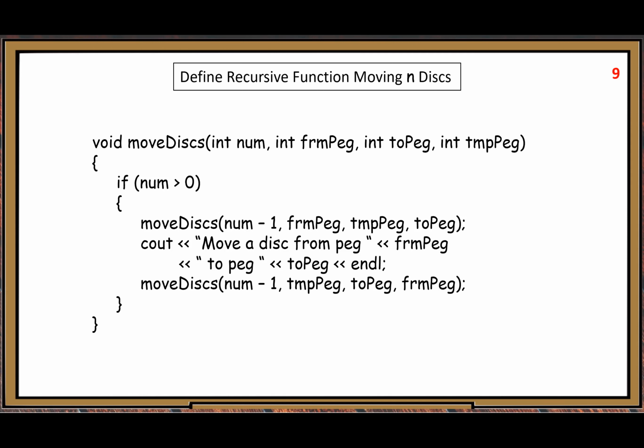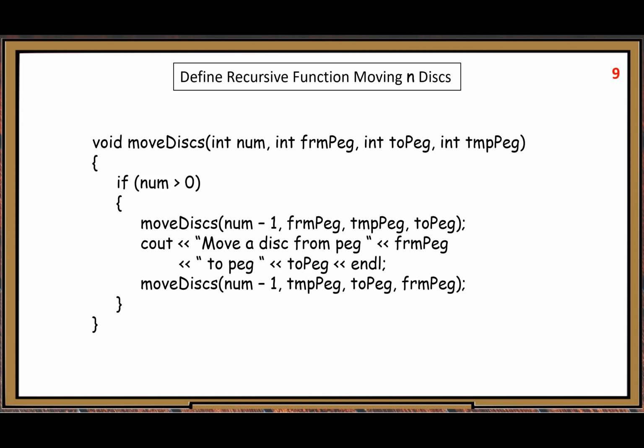Print out a message. That's the simulation of the disk move. Move a disk from peg number to another peg number. So that's the disk move operation.